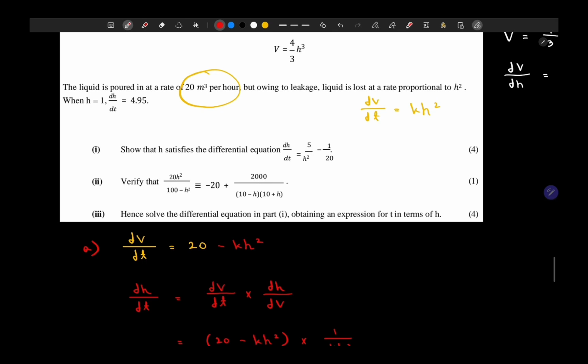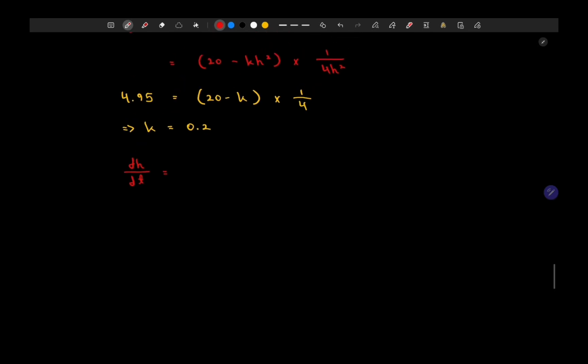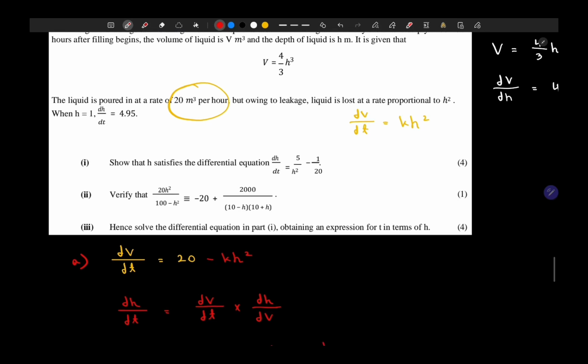Now we need to show that h... finally we need to write the final equation, which is dh over dt. dh over dt is equal to 20 minus 0.2h squared times 1 over 4h squared.